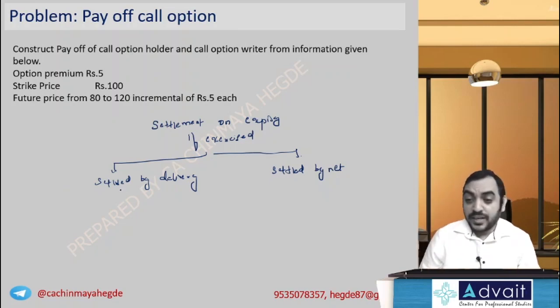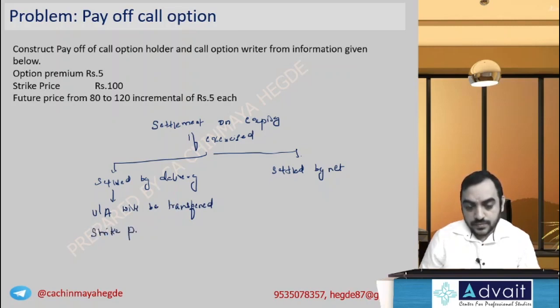Okay. Settlement by delivery basis means the underlying asset will be transferred and the strike price will be paid. Settlement on net basis means only the differential, which means intrinsic value, will be settled.